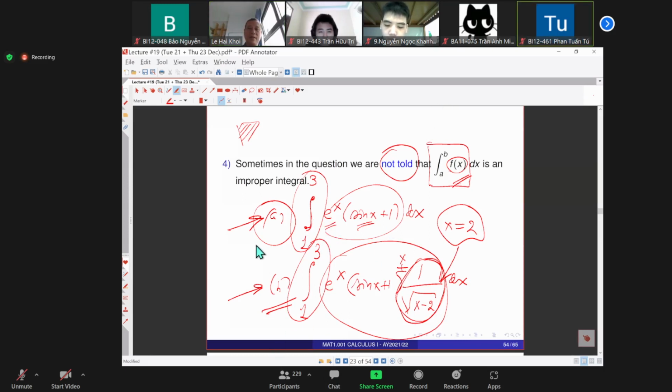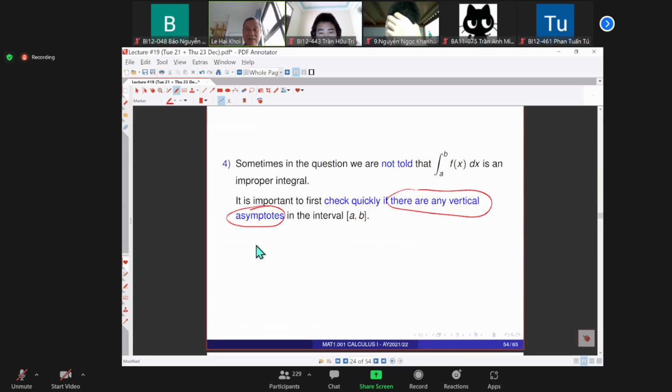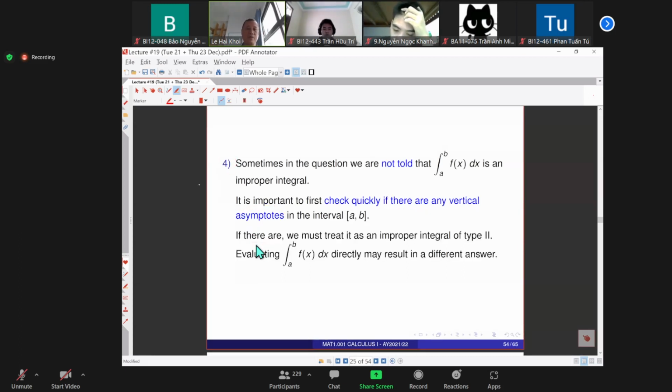In this case, at x equal to 2, you have a vertical asymptote. Then you understand that in case A, you have a definite integral, but in case B, you have an improper integral, before you start to compute it. Okay, pay attention to this point.